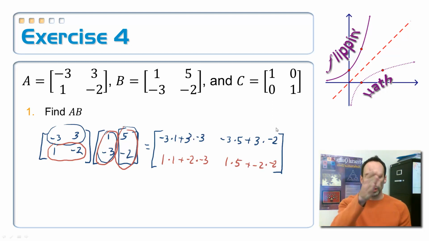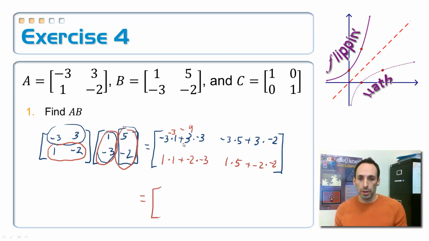And again, whenever you write it out like this, before you simplify, you can see how everything matches up, and it'll help you write down the product correctly. Okay, so here I've got a -3 plus -9, that's a -12. Okay, and on the second entry, -15 plus a -6, there's -21.